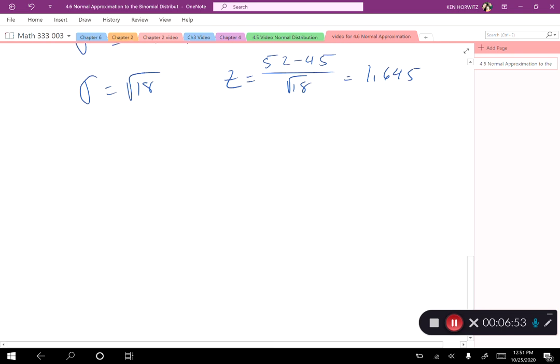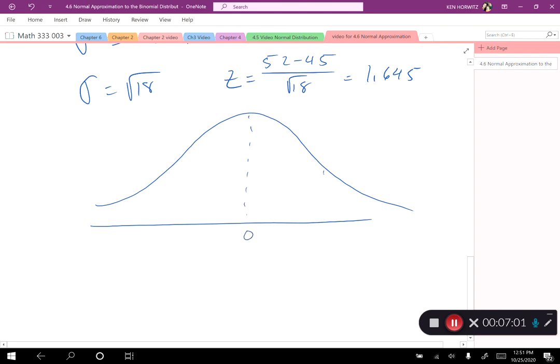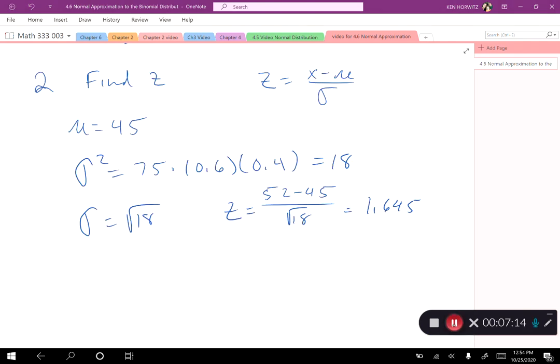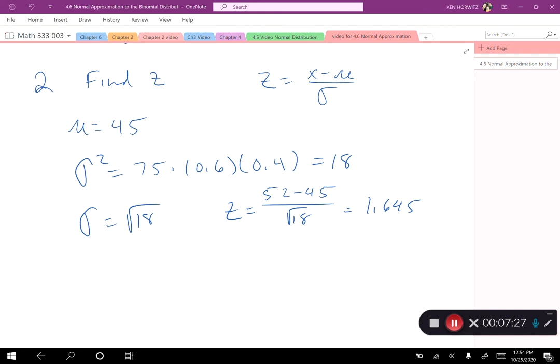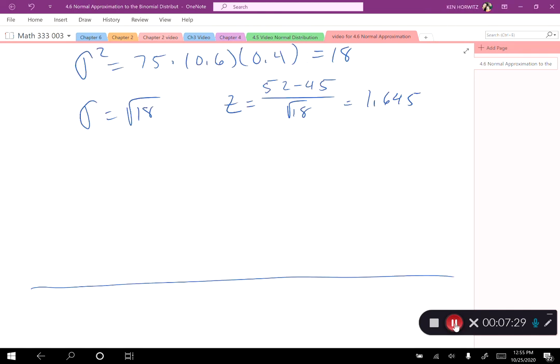But if I were to draw a graph just to see what I'm looking for, there's 0, there's 1.645, and I'm looking for that area over here. Hang on one second. Draw out the graph.